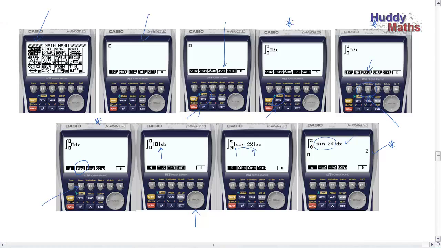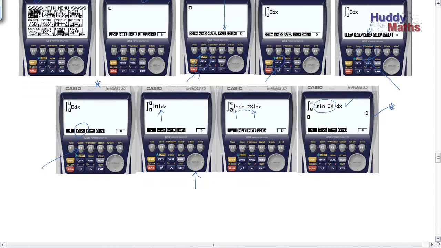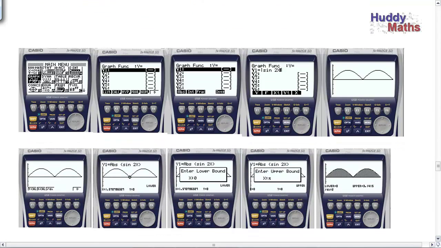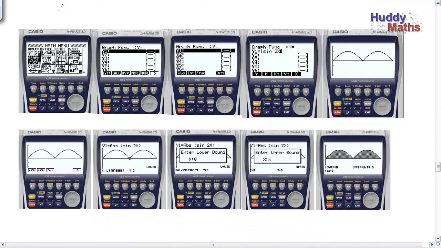Okay, well, I guess you know what's coming up now, and that's to do it in graph mode. Let's see what it does. It's interesting. So start with graph mode, hit execute. Here we come to this window, and now we have to put the function in. What we need to do is to put in abs. So we've got to find abs in function mode.